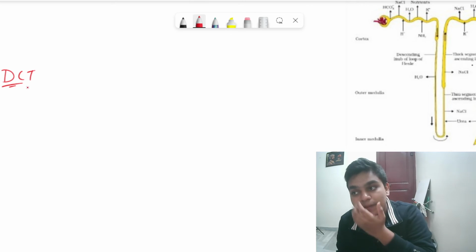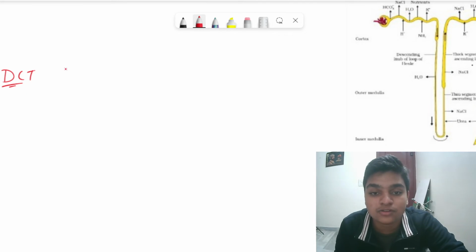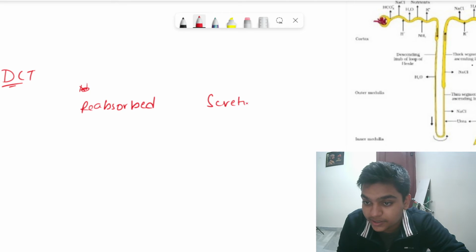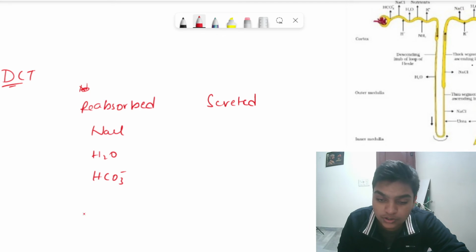This DCT part is very similar to the PCT part, except for one thing, that you will be identifying soon. Reabsorbed NaCl is the same for both, H2O is the same for both, HCO3 minus is the same for both. Nutrients and glucose are only reabsorbed in the PCT part.